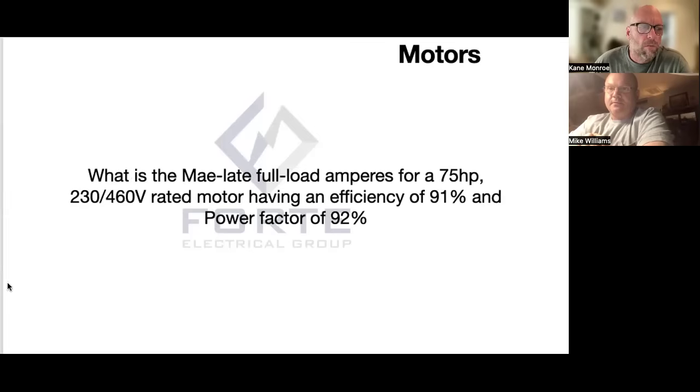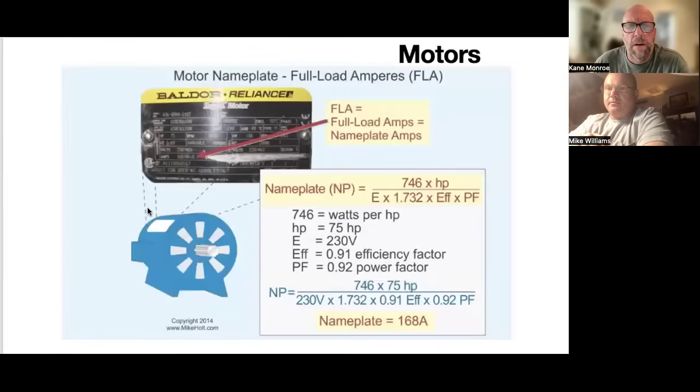Gotcha. And then we'll come in here and work the math. Just like this, we take our wattage times our 75 horsepower, take our voltage, our lower voltage, times 1.732 times efficiency times power factor.